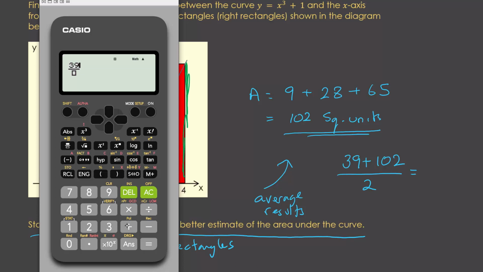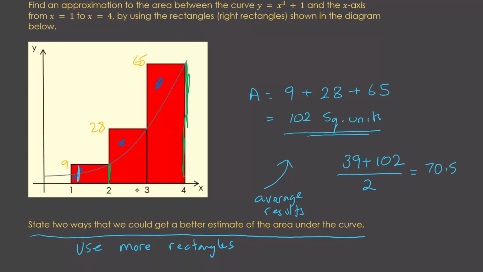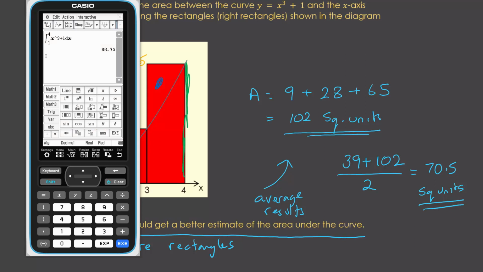So 39 plus 102, divide that by 2, and we get 70.5. The true area, which we find by integration, and that's coming later, is 66.75. So even with this small number of rectangles, very crude estimate, it's not that far out.